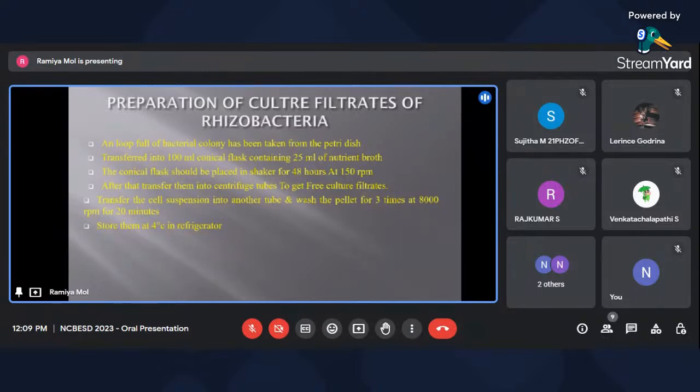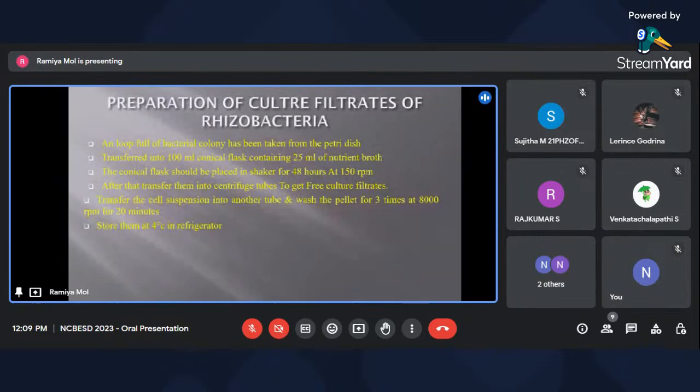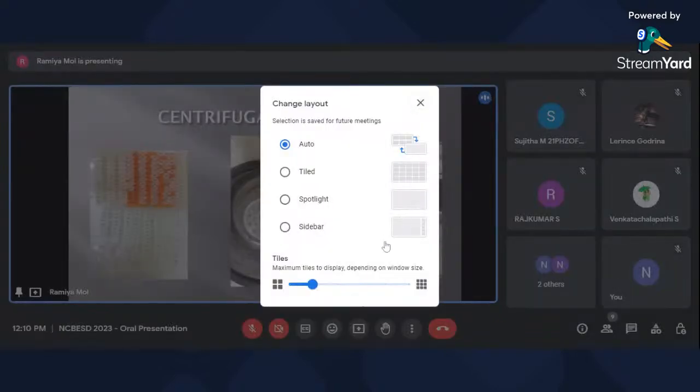After centrifugation, the cell suspension and cell pellet were obtained, and the cell pellet was washed 3 times, kept at 8000 rpm for about 20 minutes, and stored at 4 degrees Celsius in the refrigerator. These are the centrifugation steps.